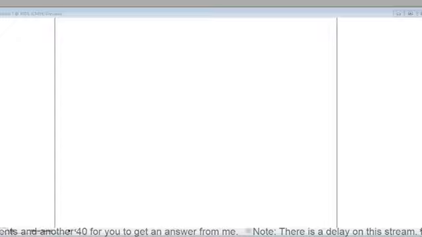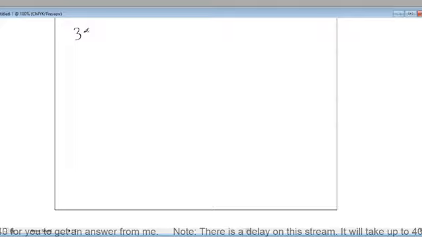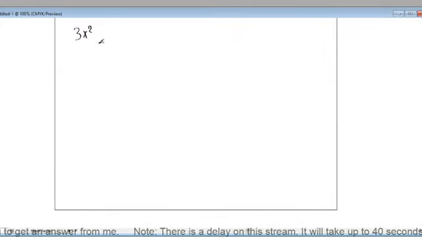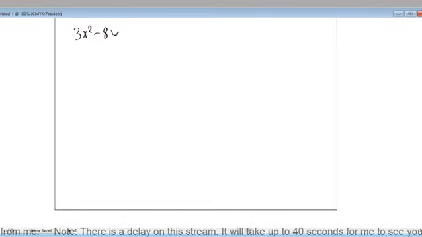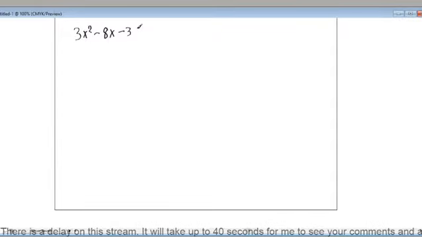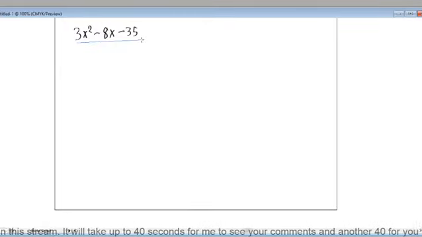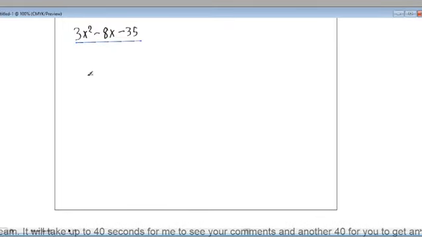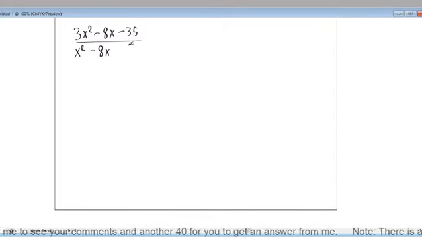So the expression it gives us is 3x squared minus 8x minus 35 all over x squared minus 8x plus 15.